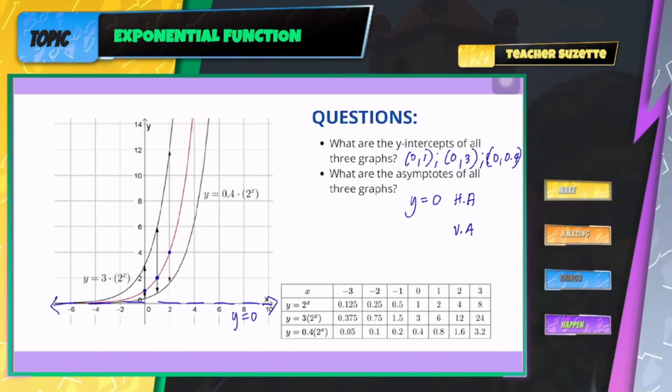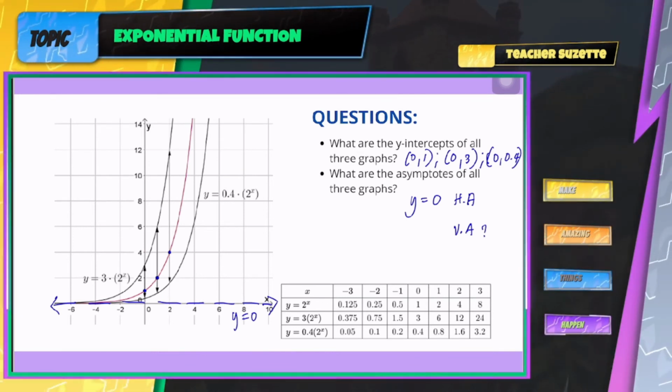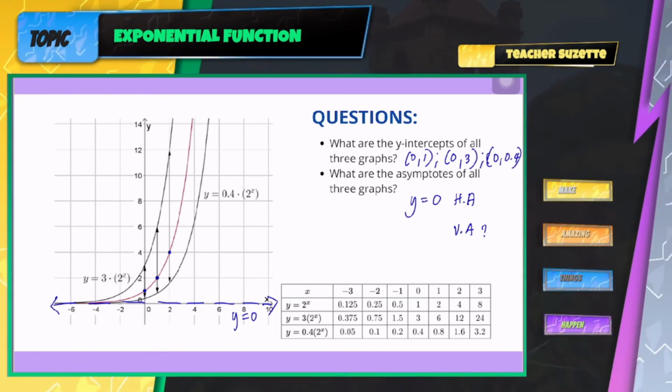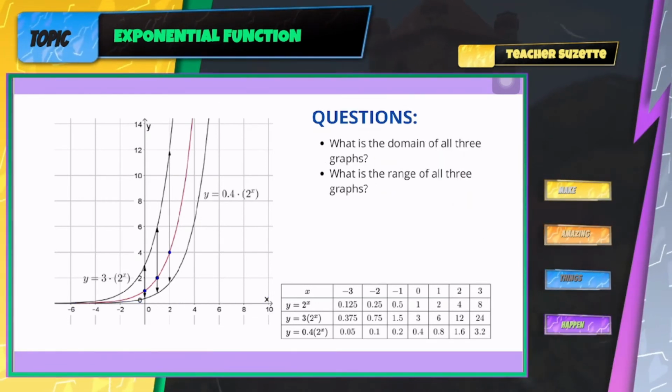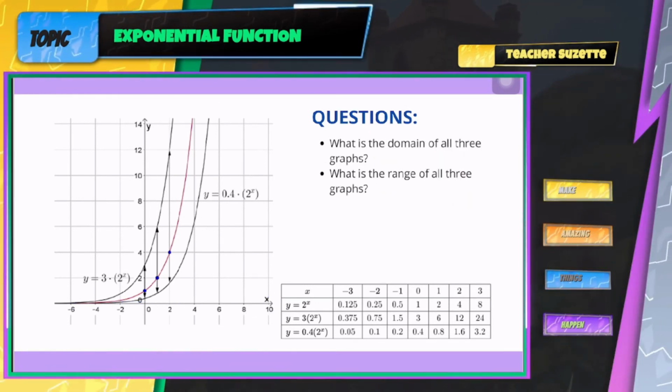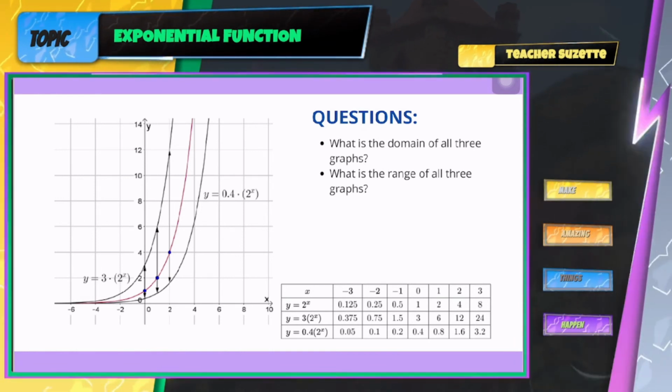So, meron po ba tayong vertical asymptote? So, obviously, we are dealing with an exponential function. So, therefore, there is no vertical asymptote.